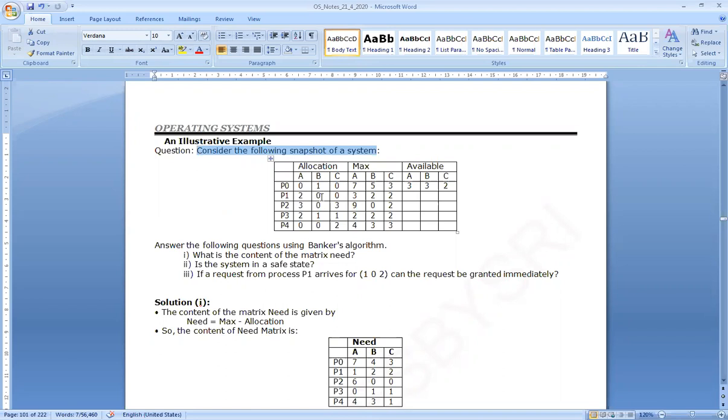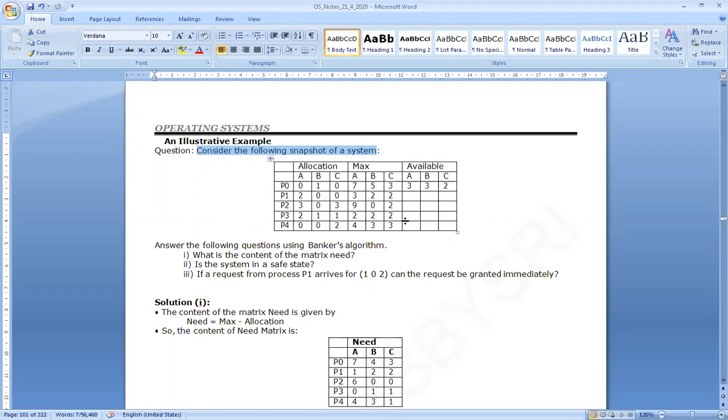In the same way, 3 instances of resource A, 0 instances of B and 3 instances of C are allocated to P2. So like this, we have the allocation.